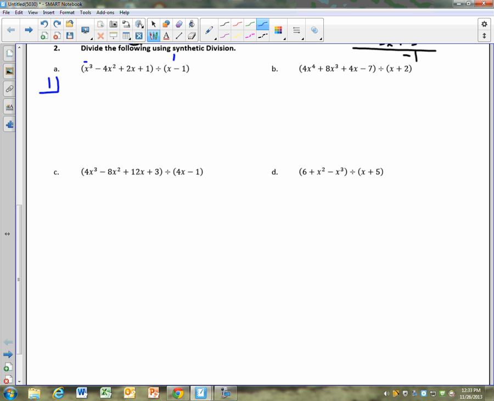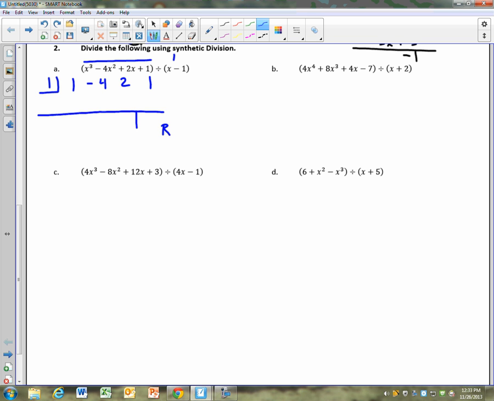Then we list off the coefficients of the polynomial. 1, -4, 2, and 1. I draw a line underneath, and I put another box there. That's for my remainder. Here's how synthetic division starts.